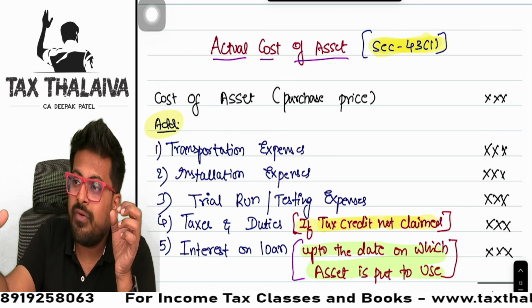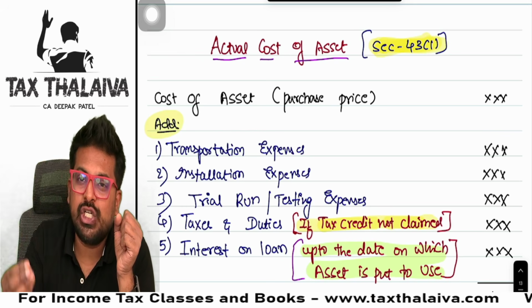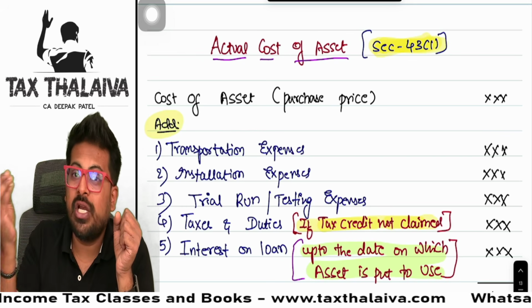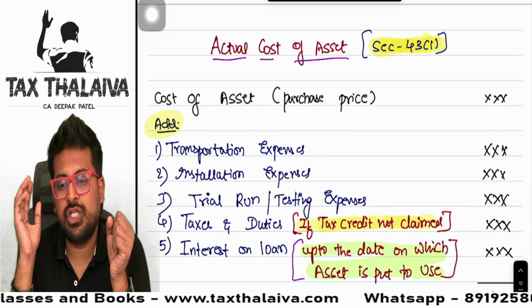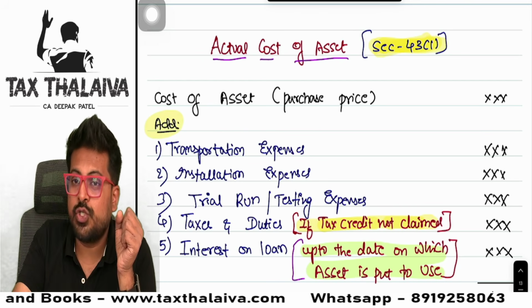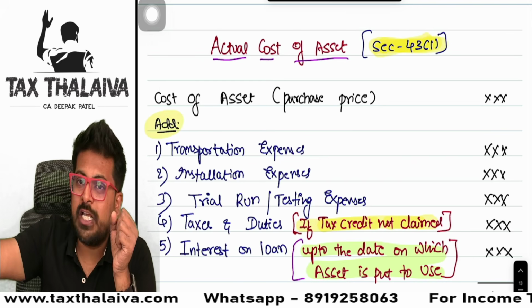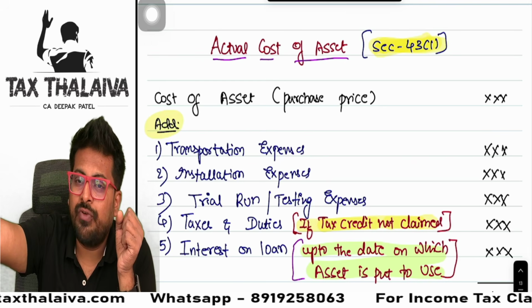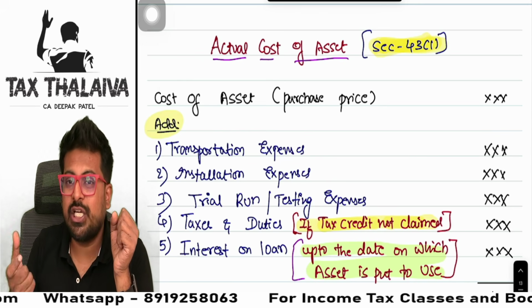But apart from the price of machinery which you spent, you might have spent some additional cost like installation cost, trial expenditure cost, some taxes you might have paid, some interest on loan you would have paid, transport expenses from the seller till your factory, and installation expenses.